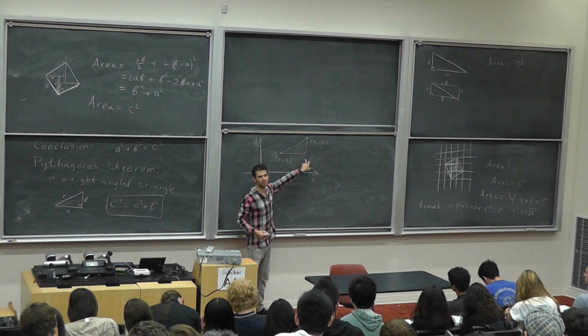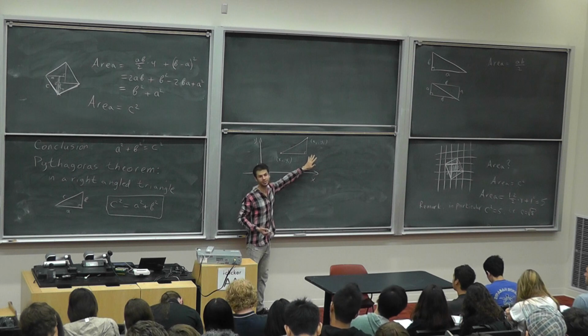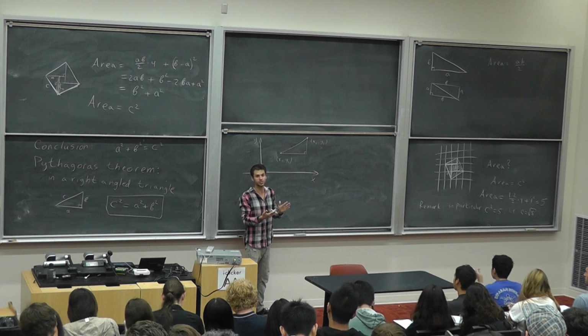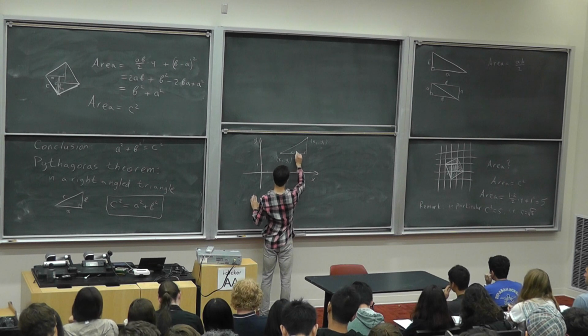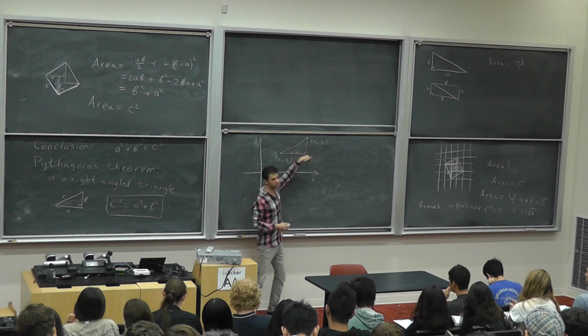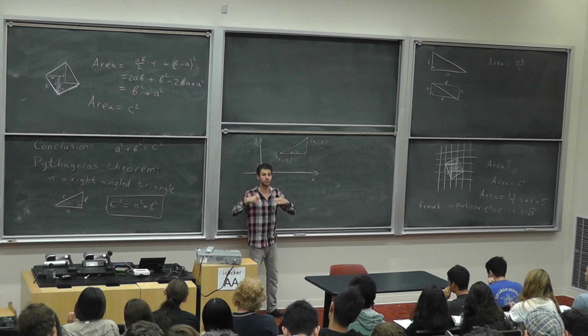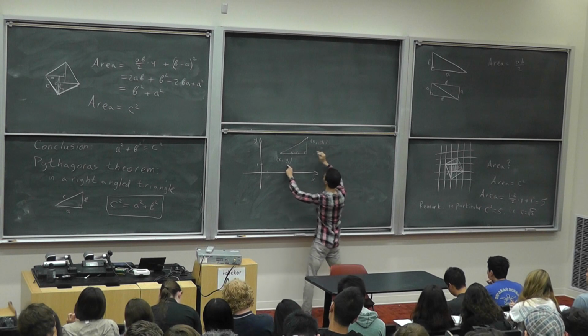So this distance is just the horizontal distance between this point and that point, so it's just the difference in the x value. So this distance is x1 minus x0. Similarly, the vertical distance is just the difference in the height of the points, so it is y1 minus y0.